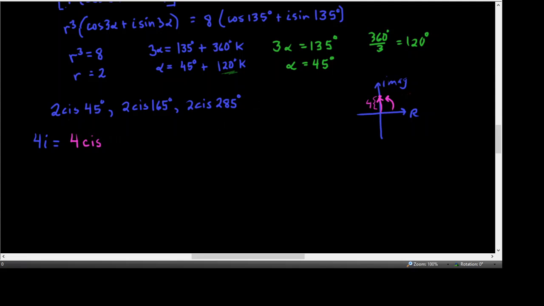Well, it's pi over 2, right? So the angle here is pi over 2. So this would be 4 cis pi over 2.